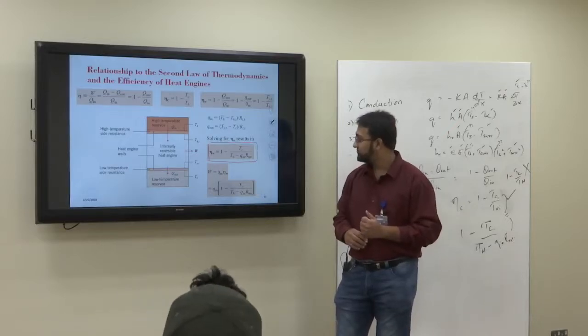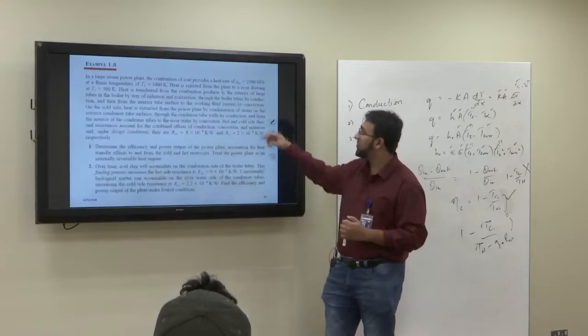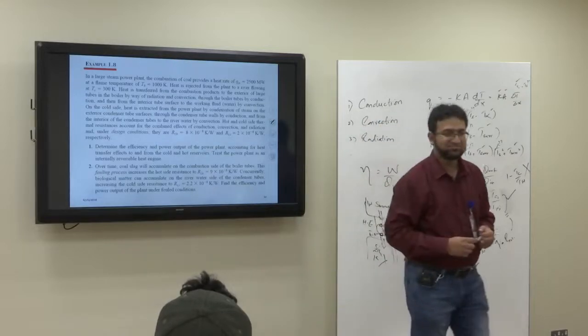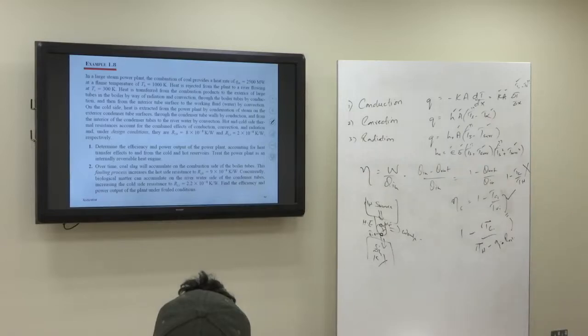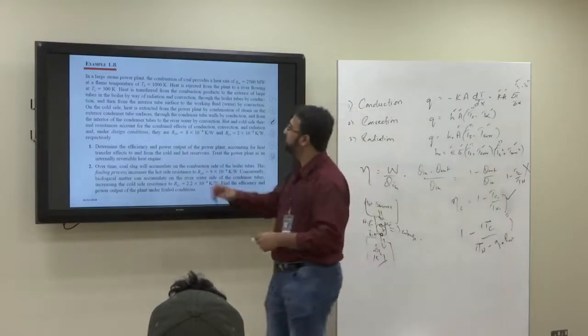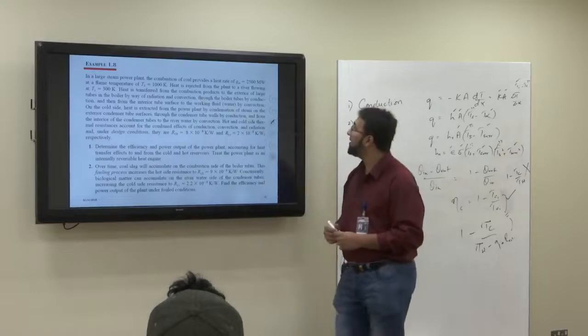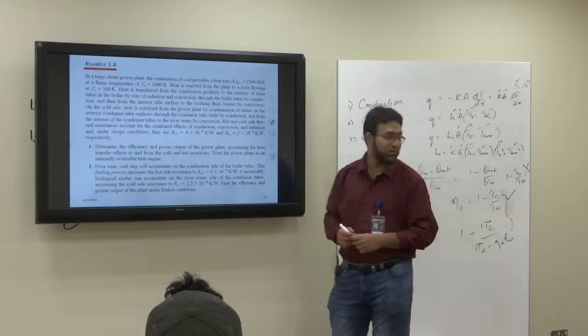Okay, so now let's have a problem related to that. This needs manipulation. In a large steam power plant, the combustion of coal provides a heat of Q in 2500 megawatt. So Q in is given.